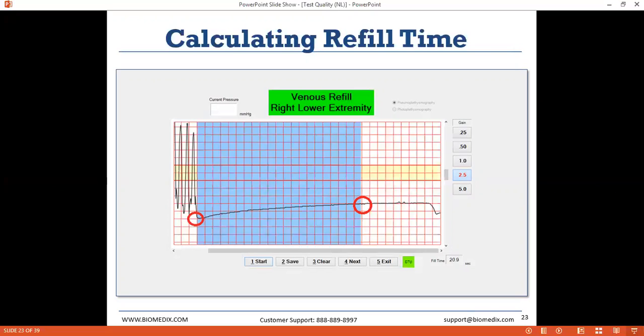Typically what I do is I'm watching the trace go up and looking at which boxes it passes, and at the point where it no longer is moving up along the box line, that's the place that I pick here. This patient has a refill time of about 21 seconds, which generally indicates a healthy leg here.